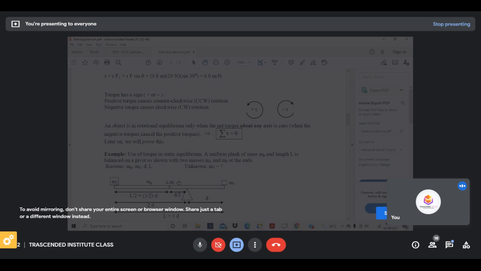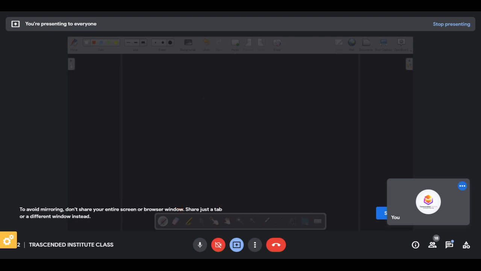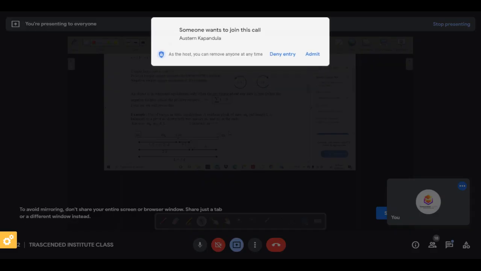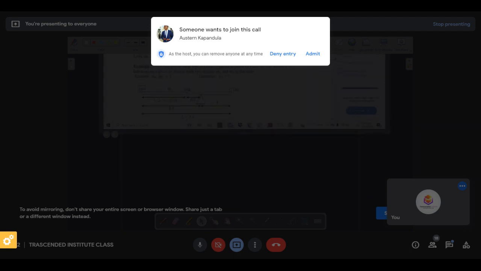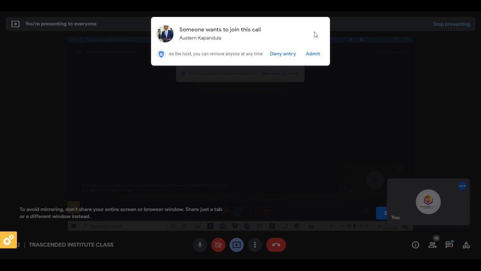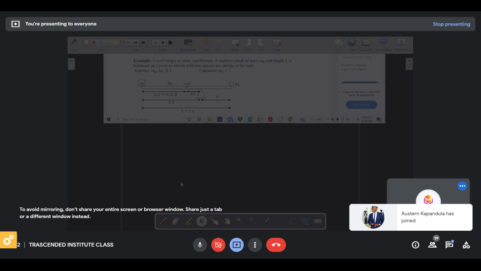Let's try to work on this one. Okay, so that's our diagram there.